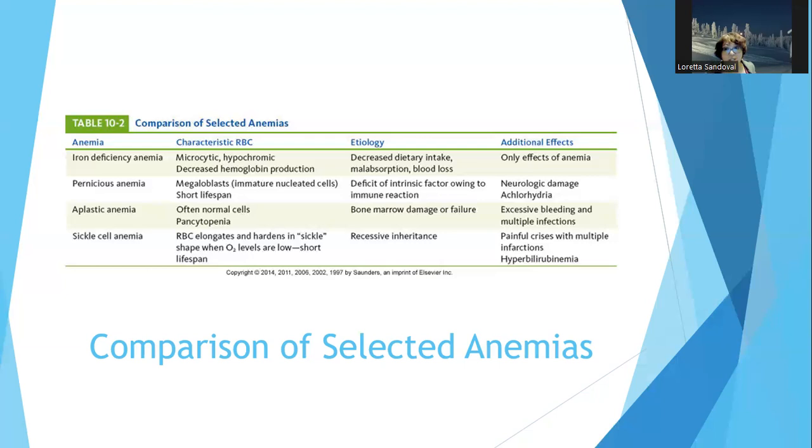Aplastic anemia, in addition to the classic effects, can also have excessive bleeding and multiple infections because of the thrombocytopenia and the leukocytopenia. Sickle cell anemia can also have those sickle cell crises that are painful with multiple infarctions and hyperbilirubinemia. Say that 10 times fast.